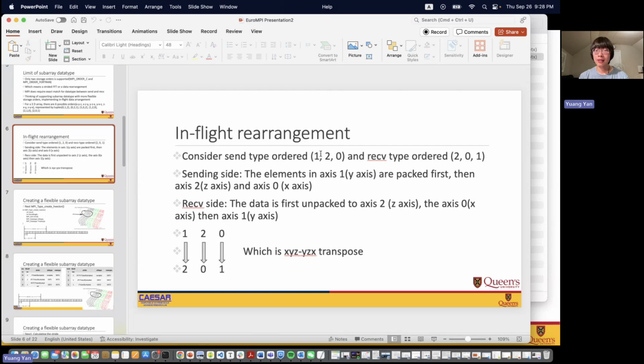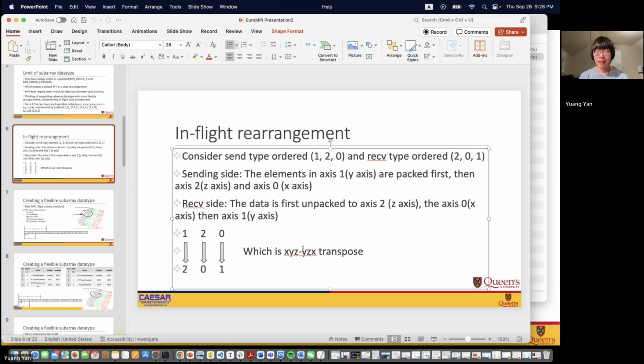The data type packing engine will pack the y-axis data as x-axis data, and the unpacking process is to unpack what we originally think of as the z-axis into the x-axis. So here is a mapping of the sending and receiving pairs, where the y-axis becomes the z-axis, and the z-axis becomes the first axis, which is x. And here the xyz to yzx transpose is performed.